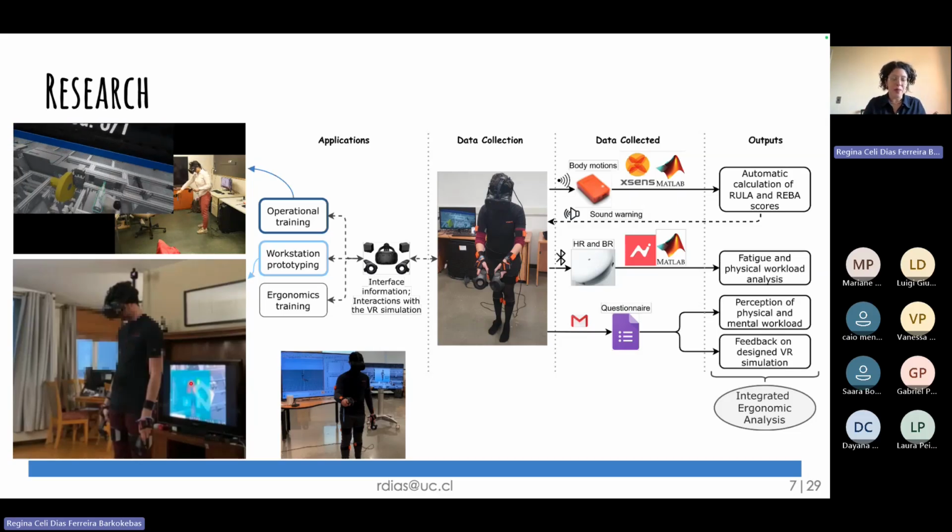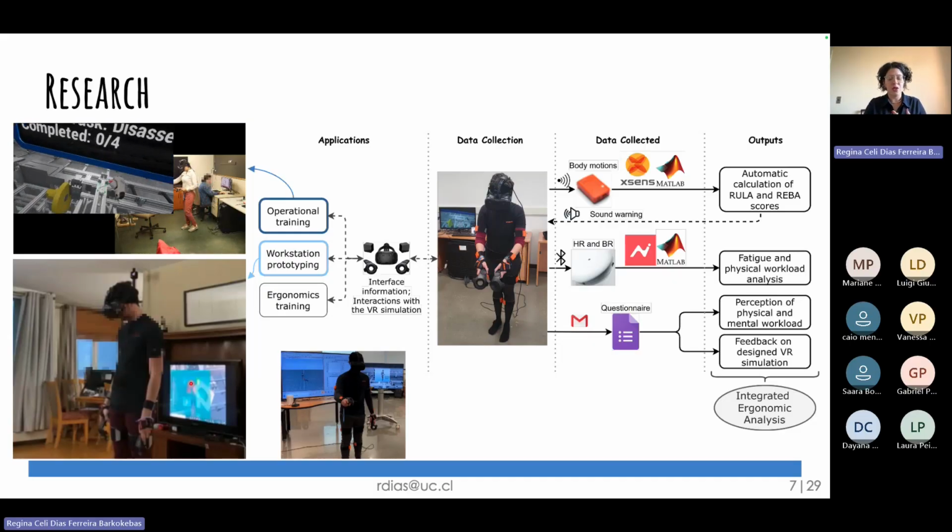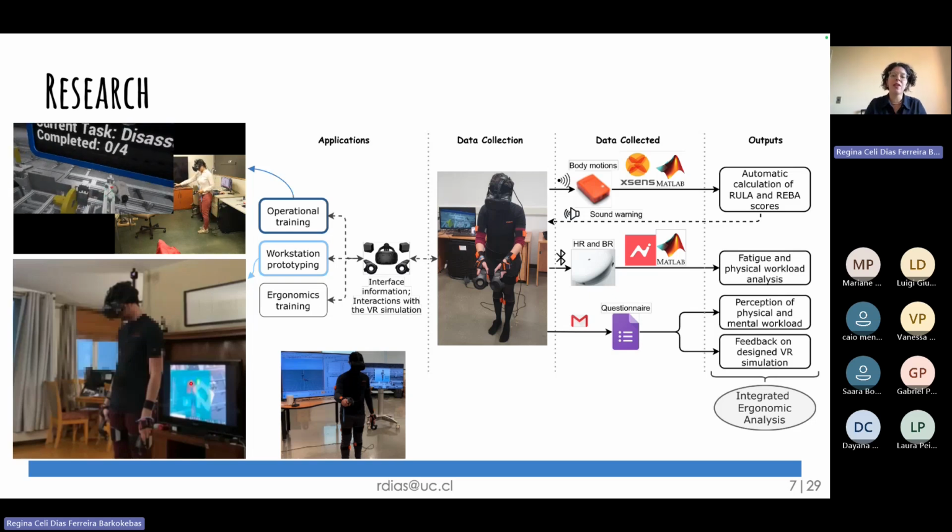Not great, but it happens. Another option is to change the workstation, to propose a different design or some different tool to improve your workstation. That's the best one, because it gives us more freedom to implement more ergonomic friendly tools or workstations.